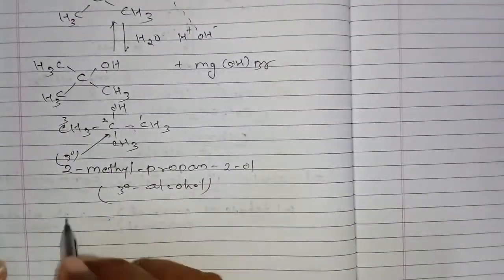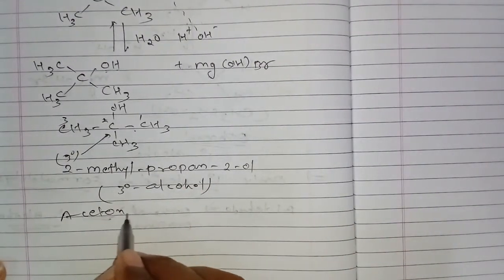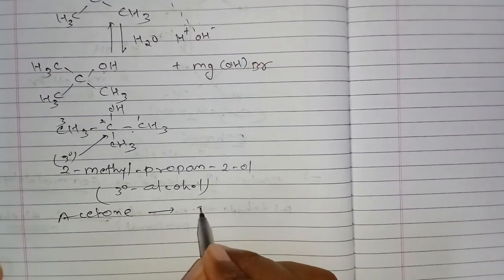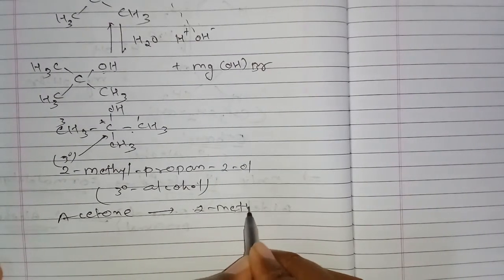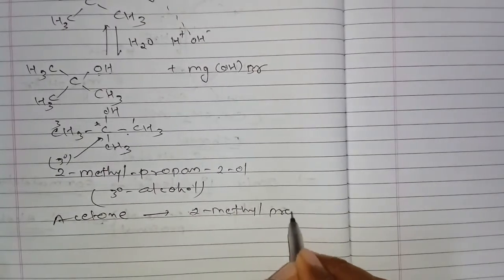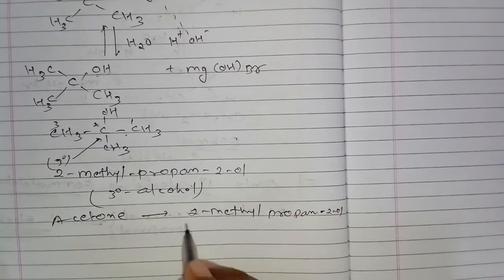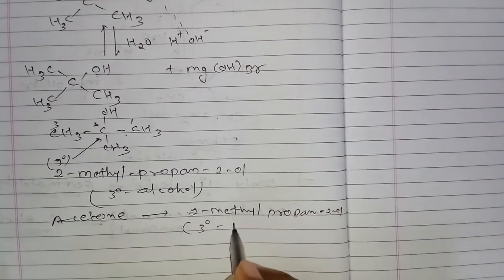So from acetone to tertiary alcohol, it is named 2-methylpropan-2-ol, which is formed. It is a tertiary alcohol.